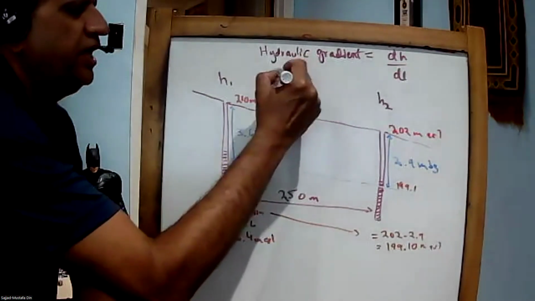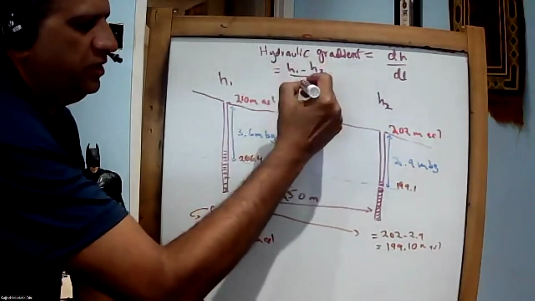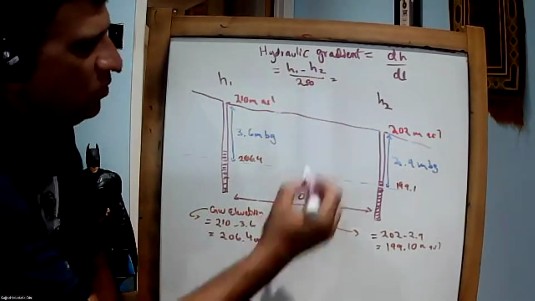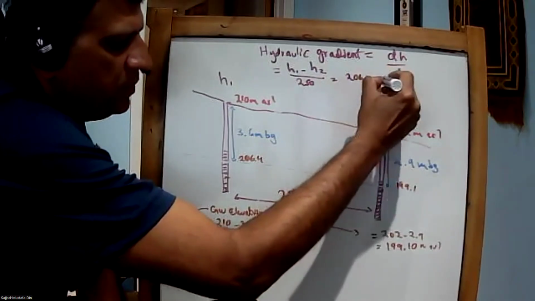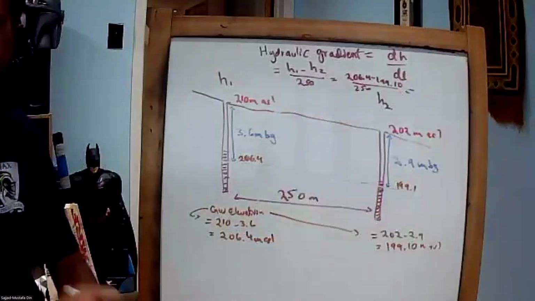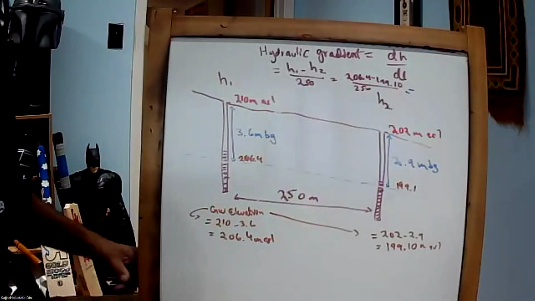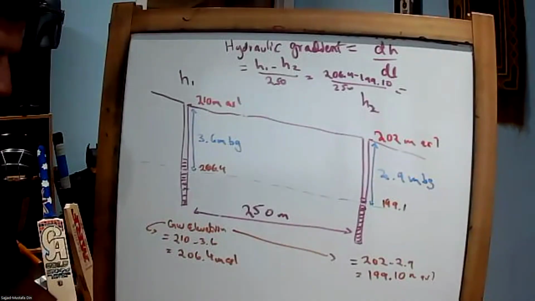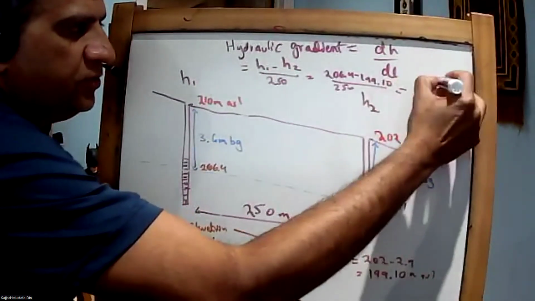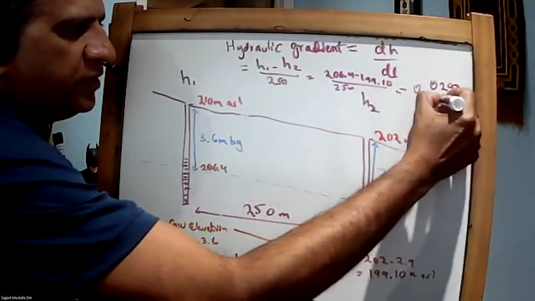So that would be equal to H1 minus H2 over 250, which is equal to 206.4 minus 199.10 over 250. Here's your hydraulic gradient. 206.4 minus 199.1 divided by 250 is 0.0292 meters per meter.